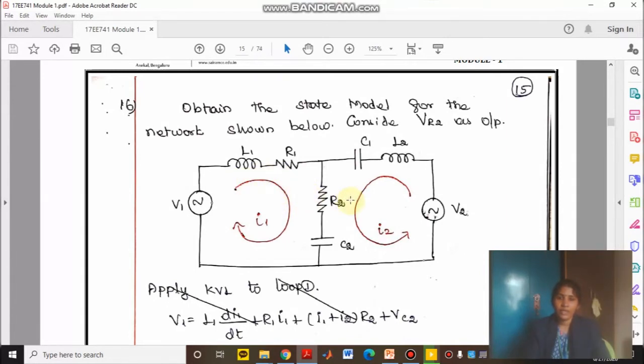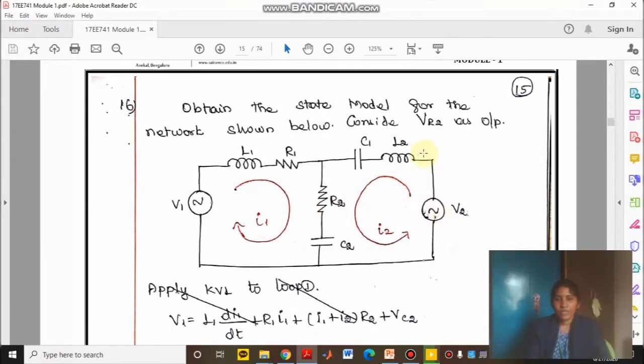If your loop assumed direction is opposite, then you can put I2 minus I1 or I1 minus I2 depending upon the reference. Whereas here the loop is assumed such that the current flowing through the center point is in the same direction. Therefore the current flowing through this R2 is going to be I1 plus I2.